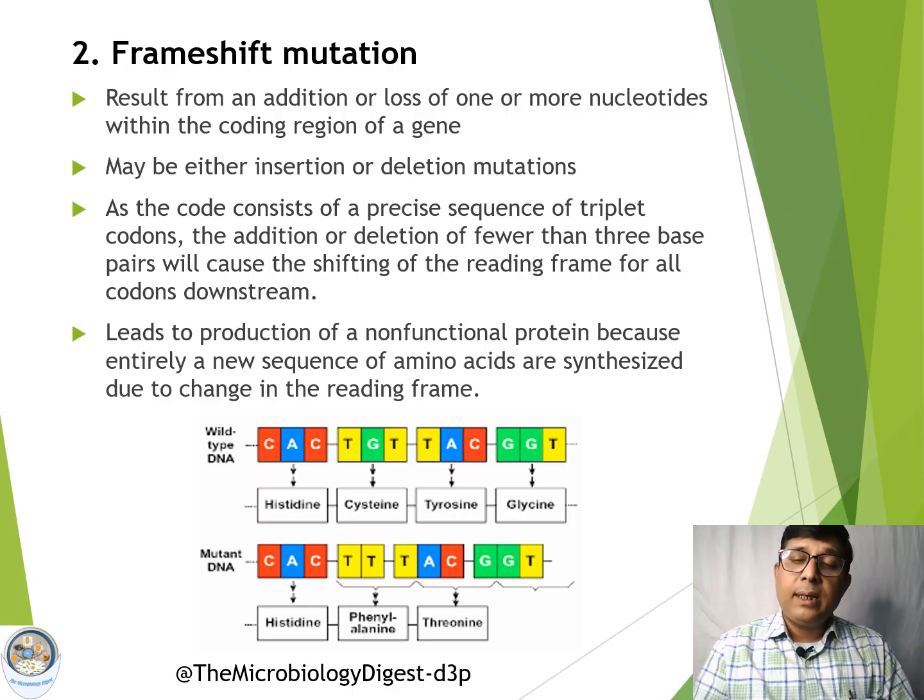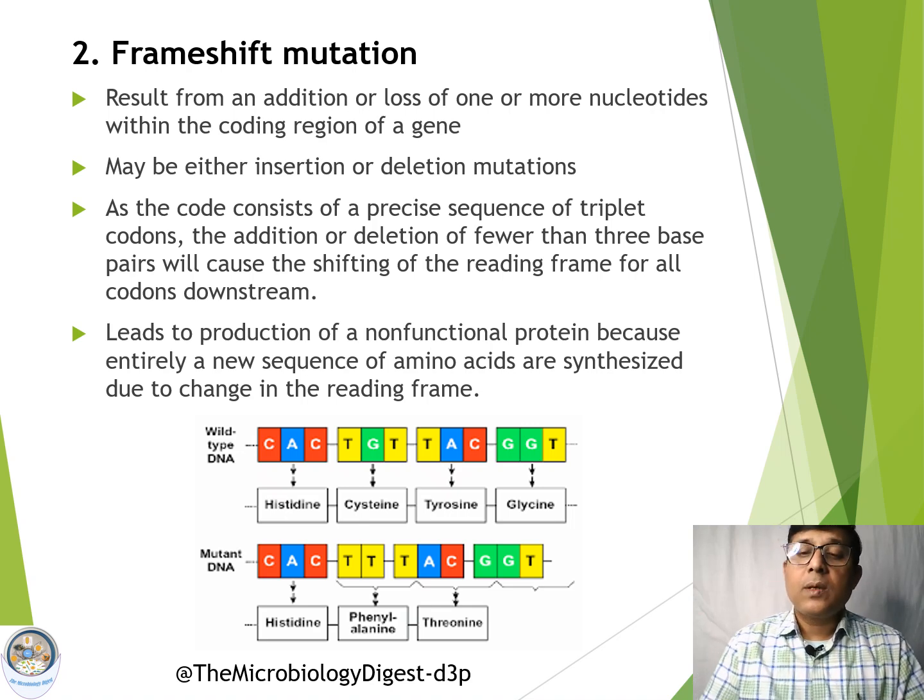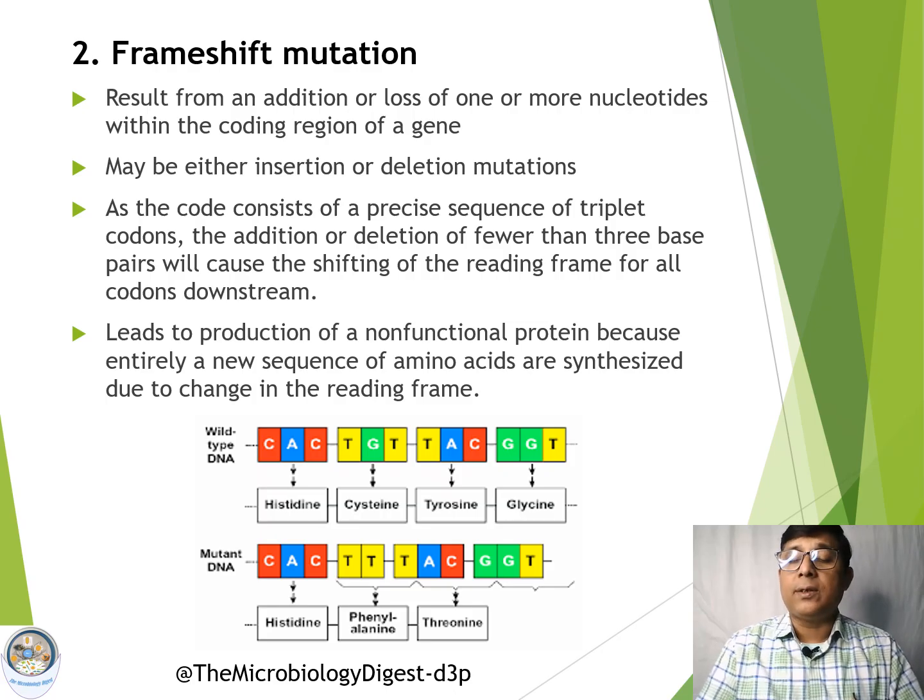When this addition or deletion occurs, the coding sequence of the gene is changed, or there is shifting of the coding region. It may be either insertion or deletion: addition of a new nucleotide is insertion, or deletion of a specific nucleotide.